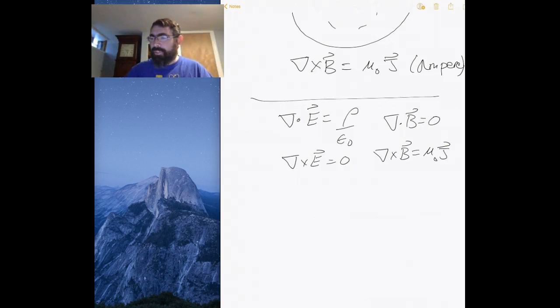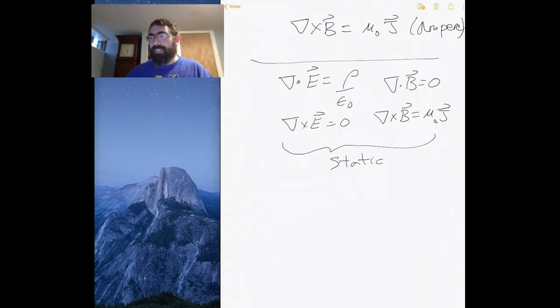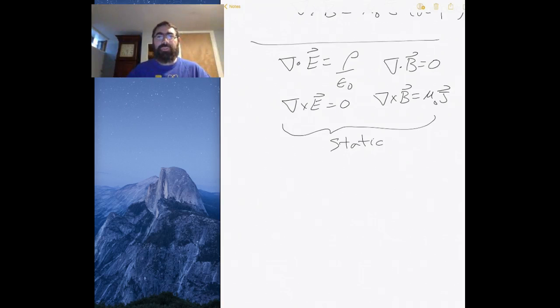Okay, so like I said, these are all for static situations. And the last thing you might want to add to that is if we want to start talking about forces and calculating work, then the Lorentz force is the charge times the electric field plus the charge's velocity crossed into the magnetic field.